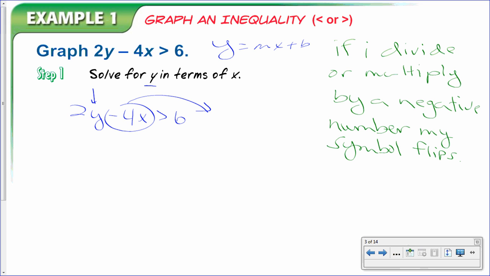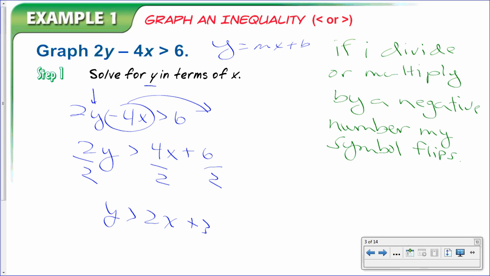If I move that over there, that gives me, notice I put it in front of what? 6, right? Make sure you always write it first. Then I divide by, now is that a negative number? Okay, so the sign is going to stay the same. Y is greater than 2x plus 3.